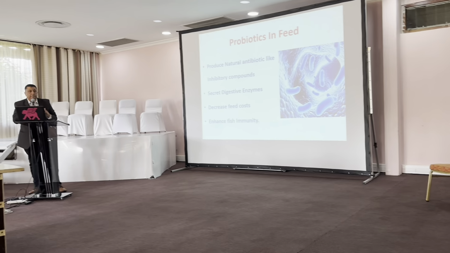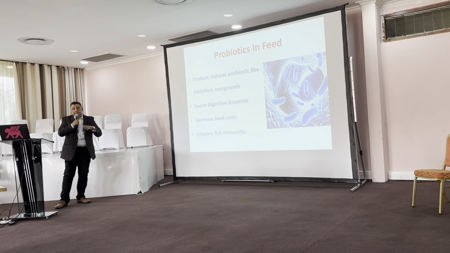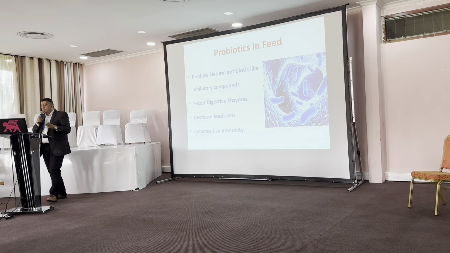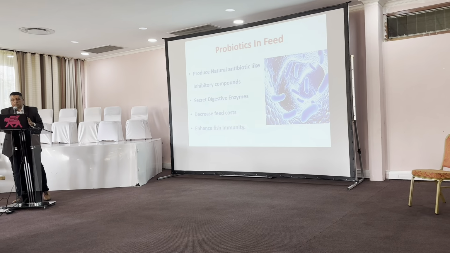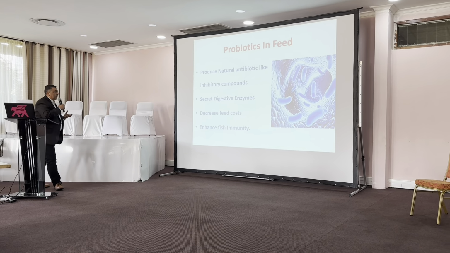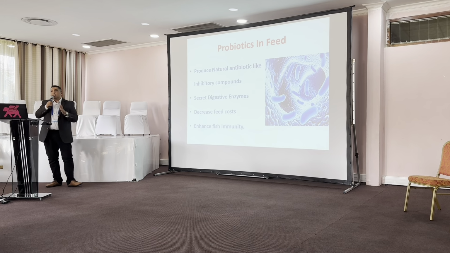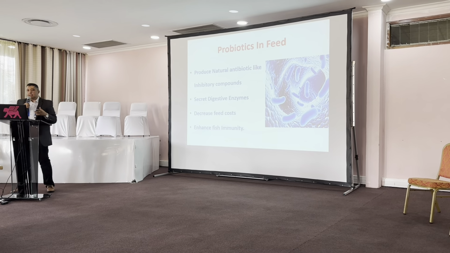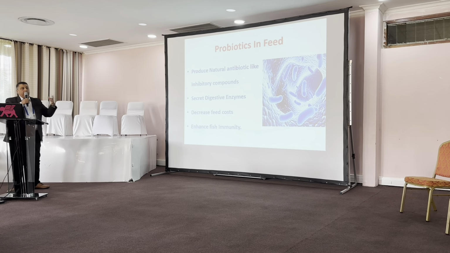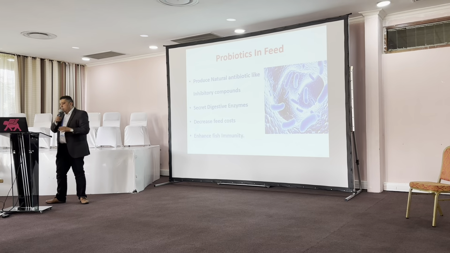Probiotic produces natural antibiotic-like inhibitory compounds that kill other pathogenic bacteria without affecting the fish immunity or the fish. Also, it helps in increasing productivity and fish growth through secreting digestive enzymes, and it also increases the villi of the intestines, that increase the gates that the digested feed passes through to the circulation.